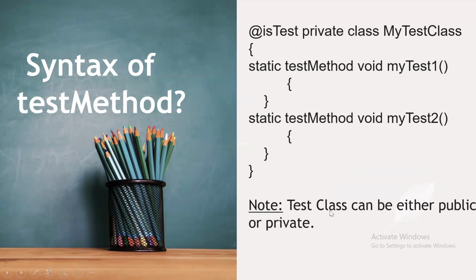Note here that the test class can be declared either public or private. I declared the class here as private. So it should be either public or private. This is the syntax of the test method.